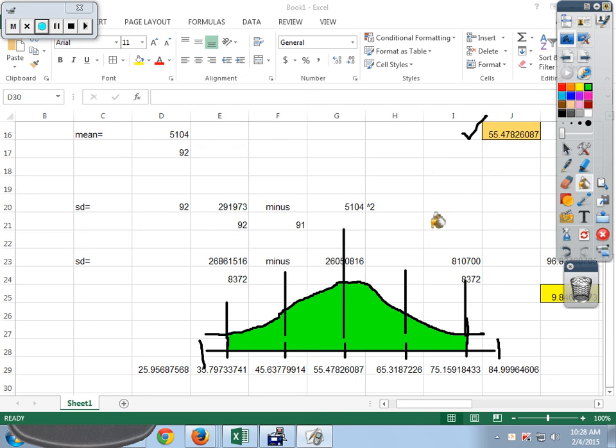That area right there is what? Normal. So that's why I painted it green. Normal. Alright? This area between the second and third standard deviation, what is that? That's unusual. Okay, so we'll paint that maybe a pink. Yeah, that looks like a pink.